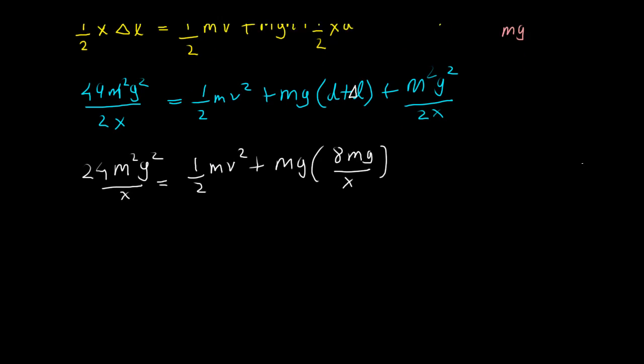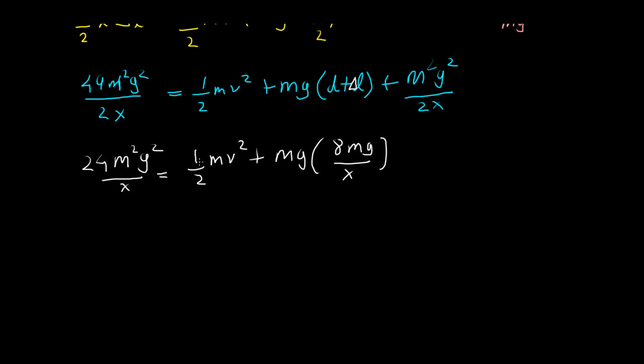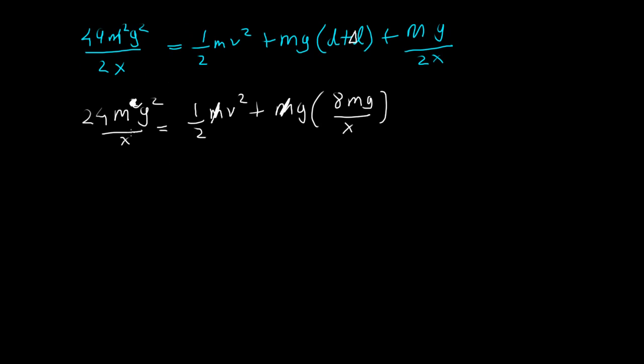So from here we can solve for v. We can cancel out one m here. On the left hand side you get 24 m g squared over x. On the right hand side you get 1/2 v squared plus 8 m g squared over x, right?